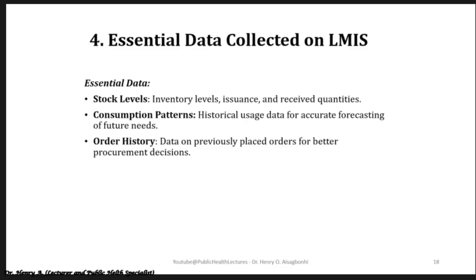The other aspect, order history. The other essential data. Order history gives insights into what was previously ordered, when it was ordered, and in what quantity it was ordered. It allows for trend analysis, and it helps managers understand seasonal or program-specific demands.